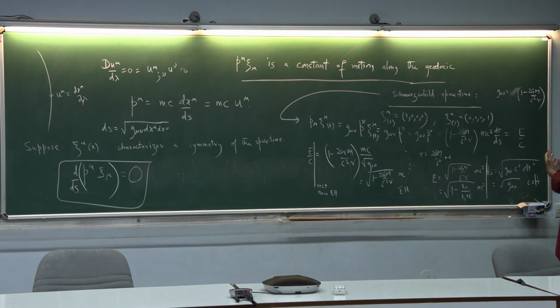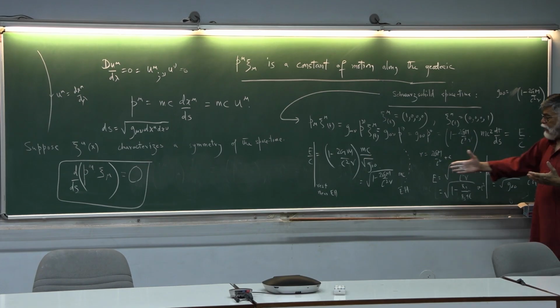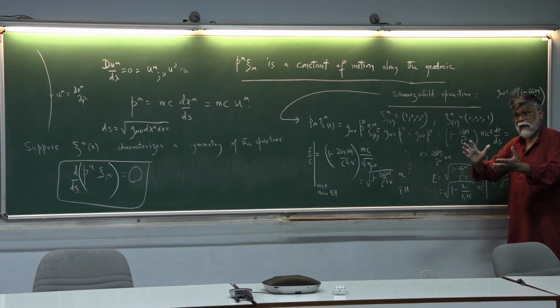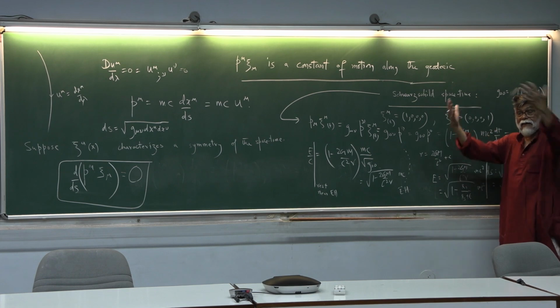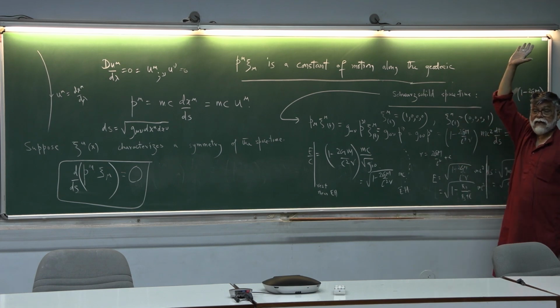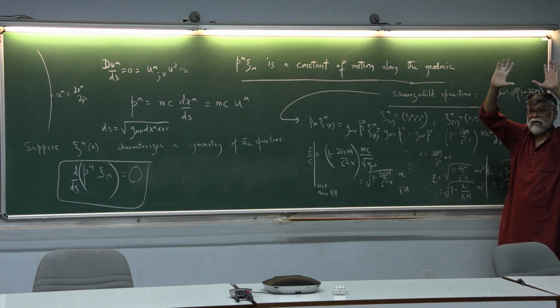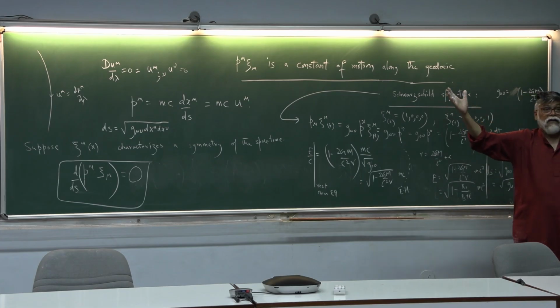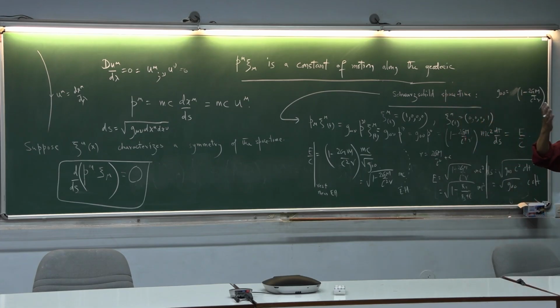But today we know that when matter is very close to the event horizon, its net energy can be zero. That means it started from infinity with energy mc squared, and it lost almost the entire energy. And therefore, this process is the most efficient way of generating energy.